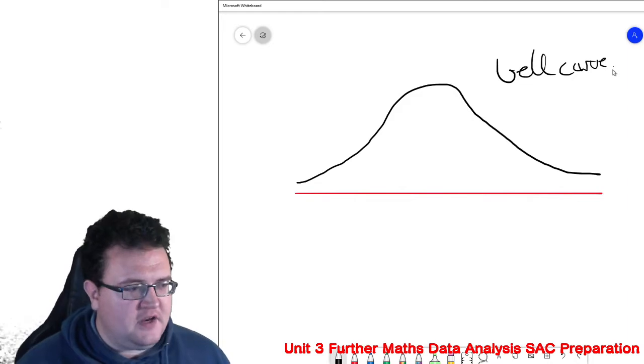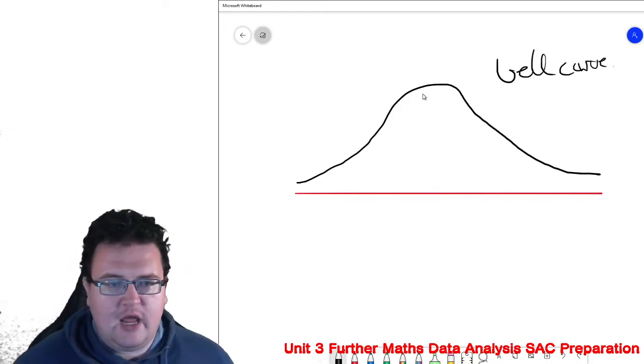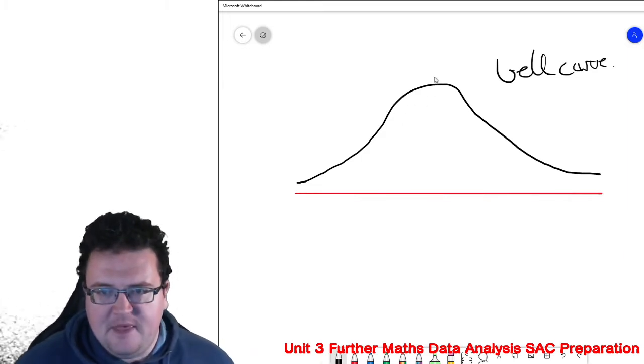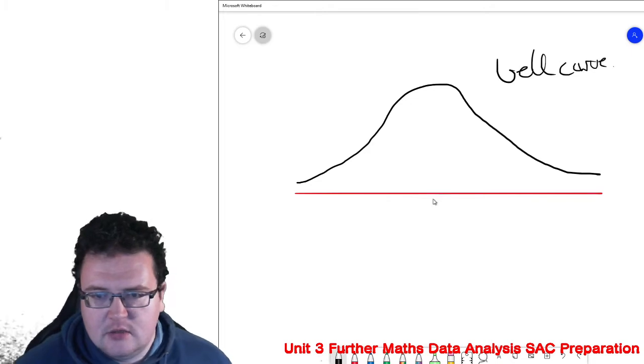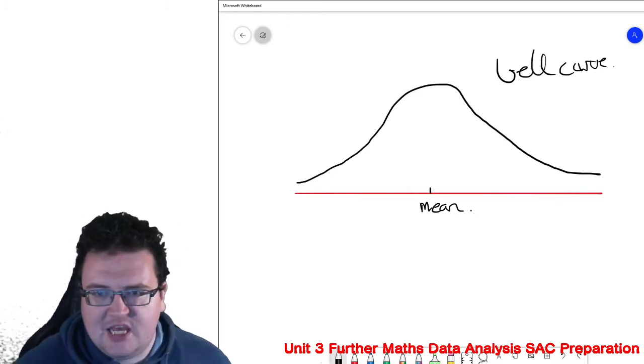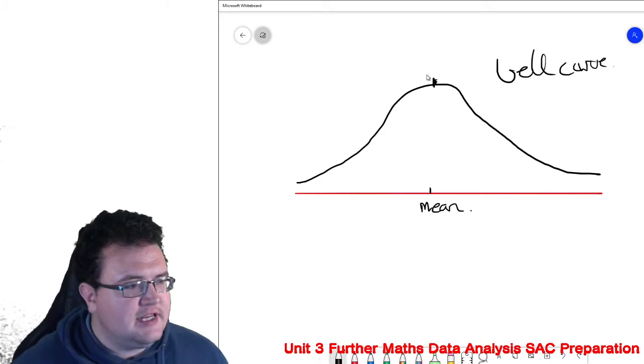Now, the important thing to recognize is that if I have a normal distribution, this top bit here is going to be my mean. So this peak here, the absolute top of my bell curve, is going to be my mean.